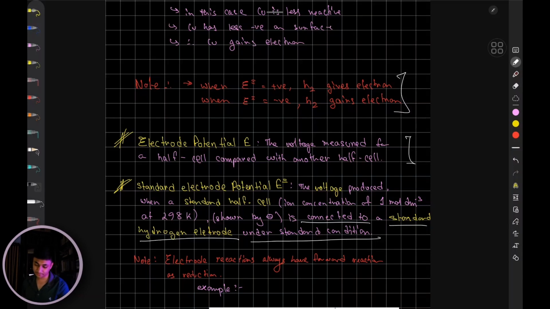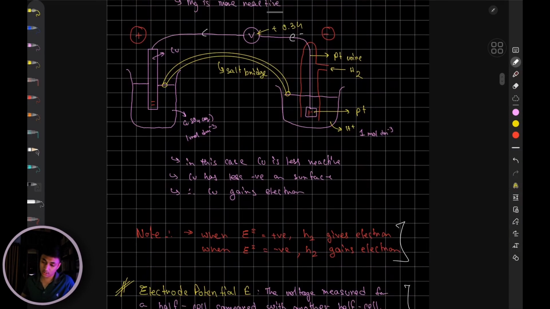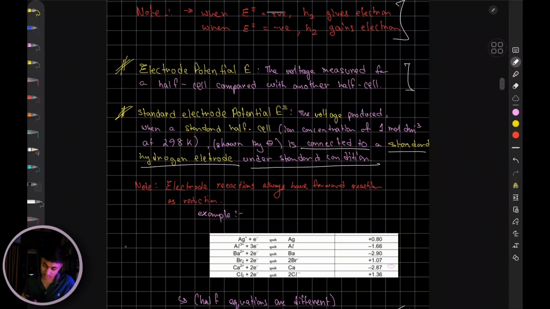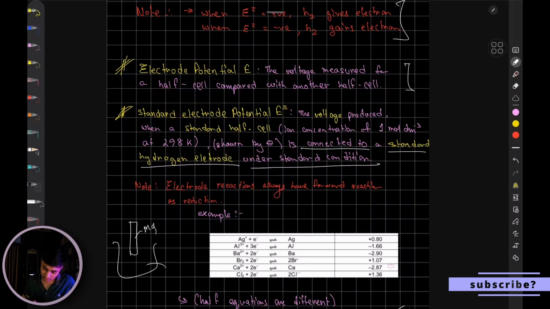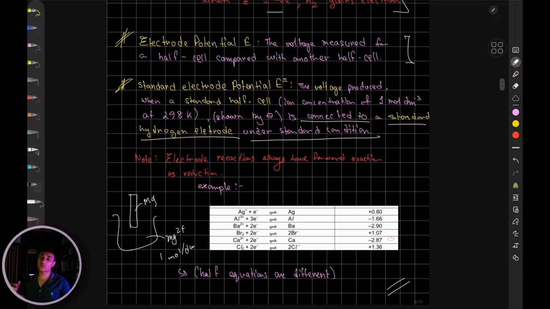Therefore, when you have a standard half cell, let's say Mg, and a solution of Mg2+ of 1 mole per dm cube, this is the standard half cell connected to another standard hydrogen electrode where there is an H+ concentration of 1 mole per dm cube, a temperature of 298 Kelvin, and a pressure of 1 atmosphere.